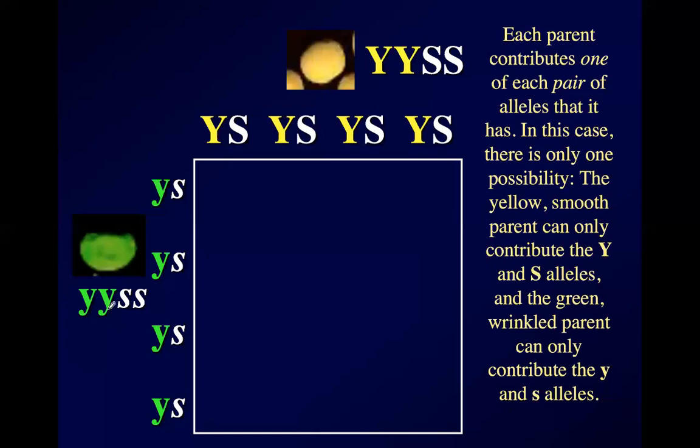The green and wrinkled parent can only contribute the little y and the little s alleles. So every egg or sperm of the smooth yellow pea is going to be carrying the allele combination big Y, big S. And every egg or sperm produced by the wrinkled green parent can only carry the allele combination little y, little s.